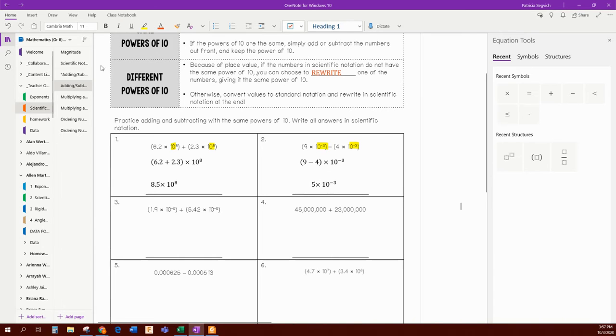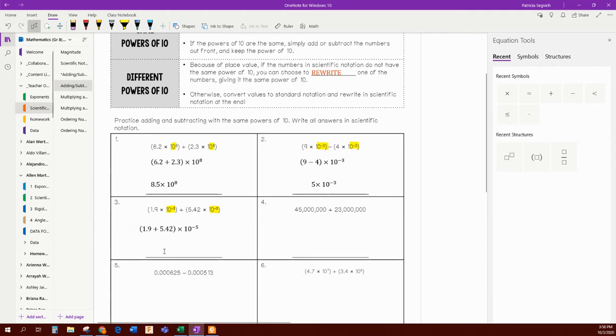Let's look at number 3. Again, we have the same exponents. So we can just add our first 2 factors and keep the exponent. So we're going to add the 1 and 9 tenths plus the 5 and 42 hundredths, and that is all going to be times our 10 to the negative 5.